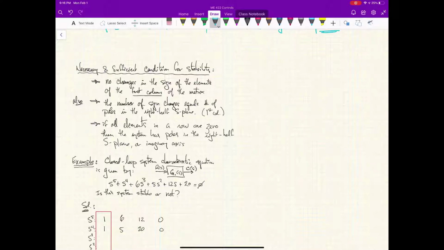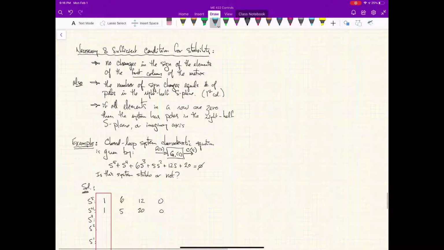Okay, that's in the case where I'm not done with my analysis here, but I still have one row that sticks out with all zeros in there. This can happen if, like, I have a 10th order characteristic equation, and a lot of the second terms are zeros, so I'm going to have a row with a lot of zeros in it because I'm skipping a lot. Okay.